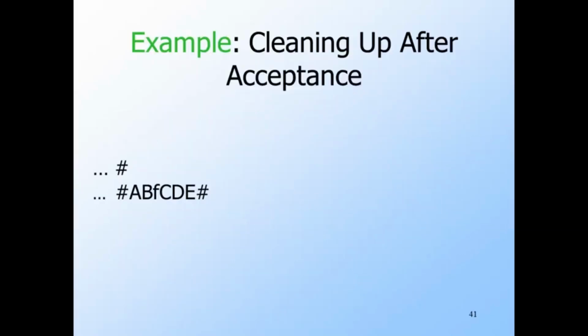So here's an example where M has entered the final state F, and a sequence of choices, either copying a symbol or allowing F to eat the adjacent symbol or symbols, eventually leads to identical strings. So here's what it looks like. Well, we'll just have to copy that A, but now the F can in effect eat the B and C adjacent to it. We have to copy the D, we have to copy the E, we have to copy the pound sign.